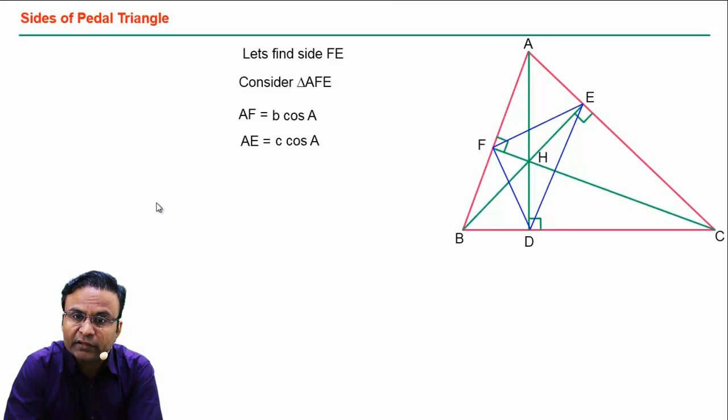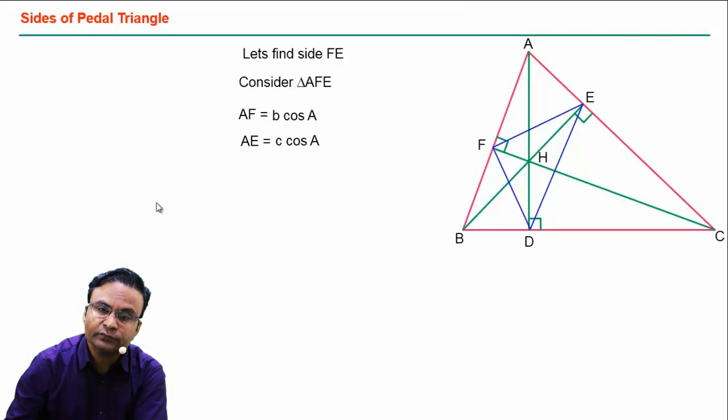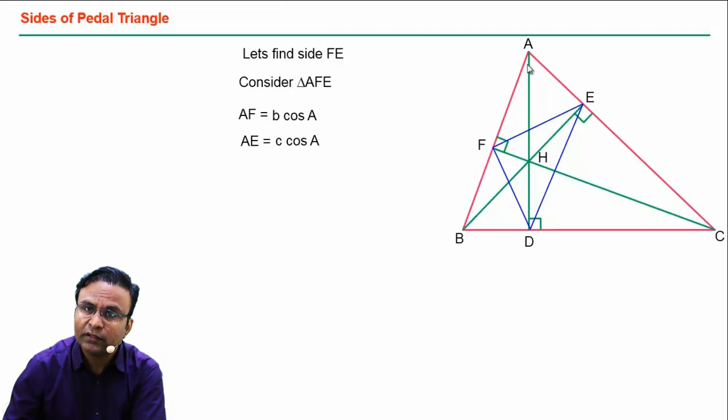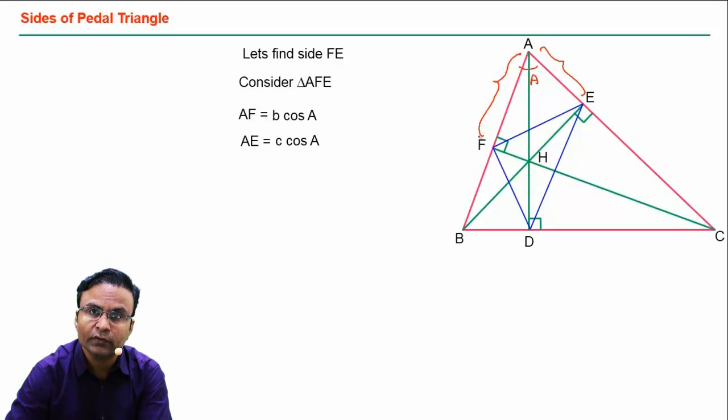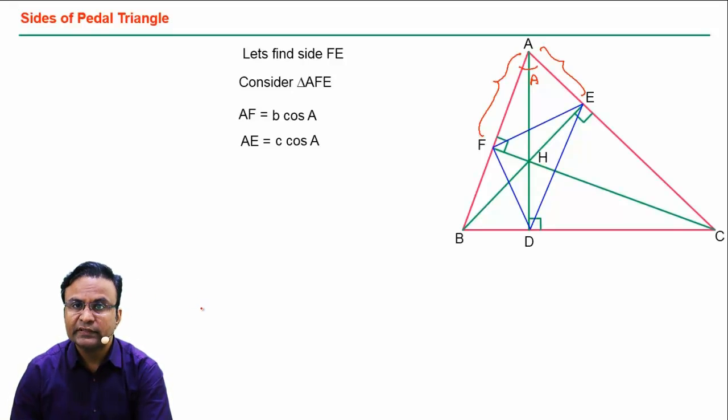By solving triangle AEB, we can find this length AE, and this angle is A. Now in any triangle, if we have two sides and the angle included between them given, how can we find the opposite side? We can find the opposite side using the cosine rule.